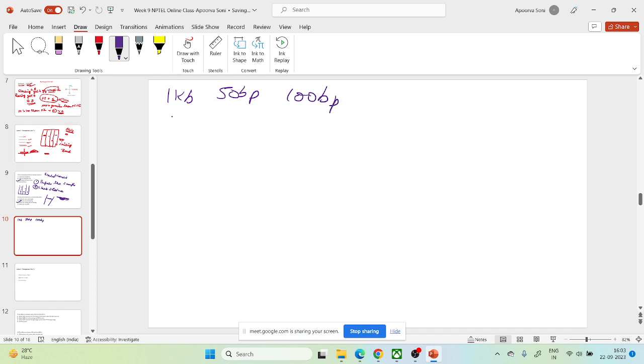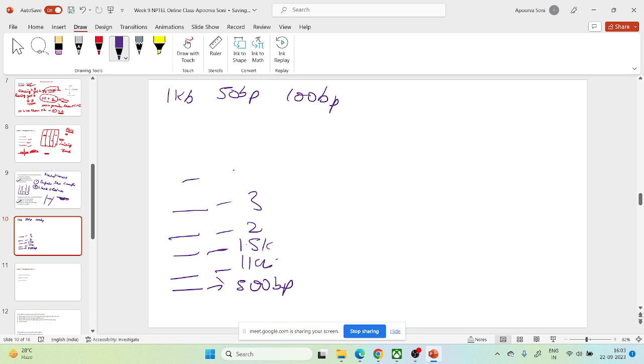It will resolve up to 1 kb, up to 50 base pairs, up to 100 base pairs. So you have different bands like this. Suppose this band signifies 500 base pairs, this signifies 1 kb, this 1.5 kb, 2 kb, 3 kb, 5 kb. So you run your ladder here and then you run your sample.